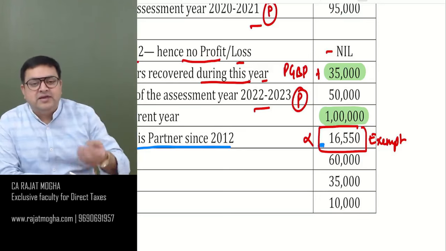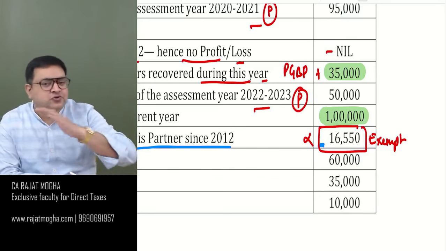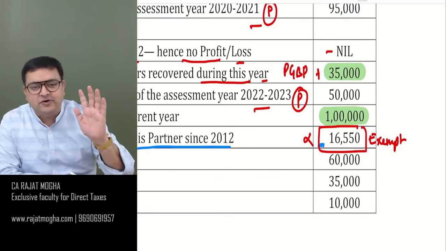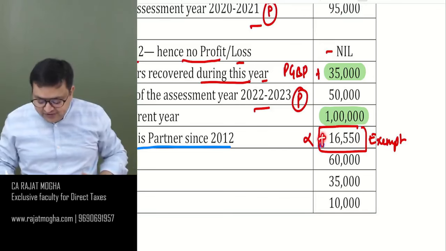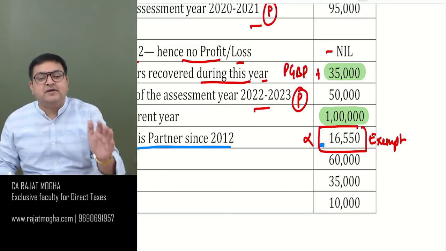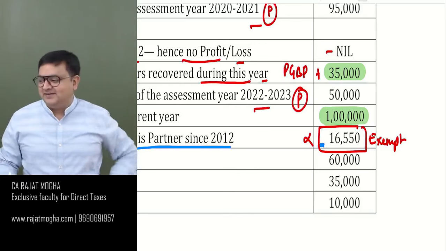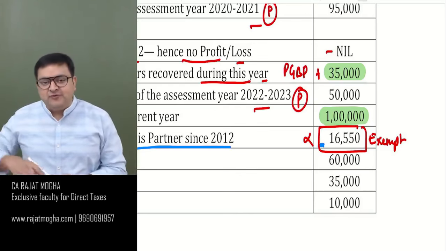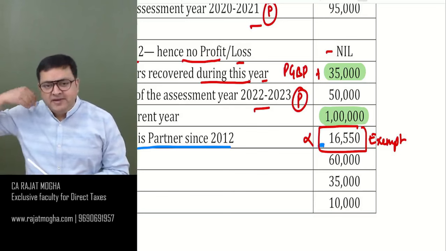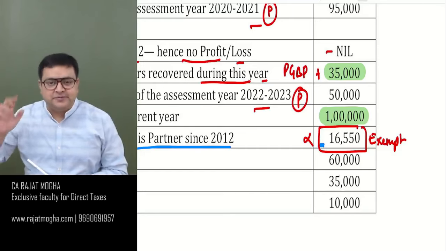No, either it is positive or negative, it is exempt in the first place. So you should not consider that. Everybody understood? Even if it is positive, it is exempt. Even if it is negative, this negative should also not be set off from anything, because it is coming from an exempt source. Everybody understood this or not? So if you find agriculture income positive, please ignore. Agriculture income negative, ignore, not to be set off from anything.